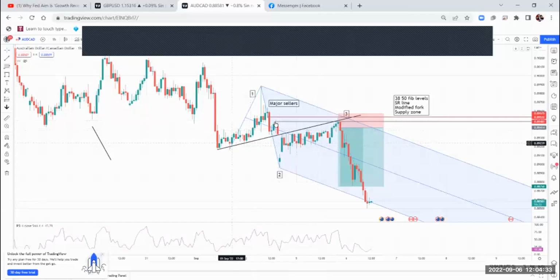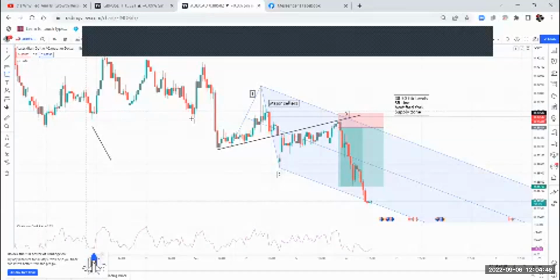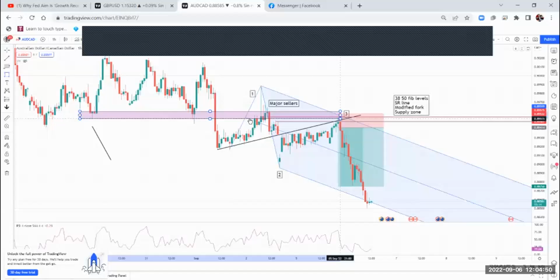And then what I proceeded to do is find the inward frequency of this movement, which is pretty much a swing zone, right?